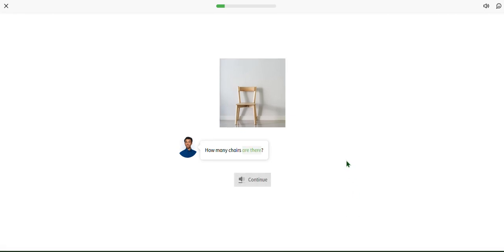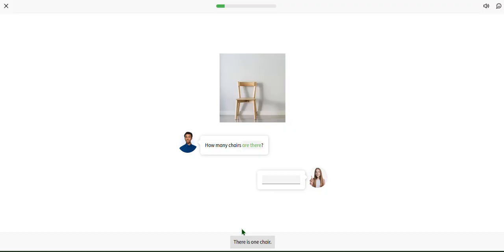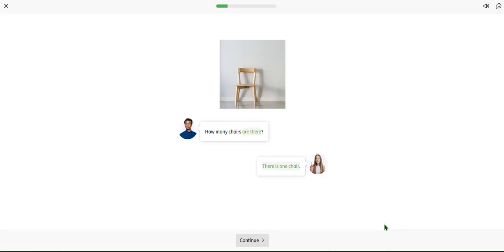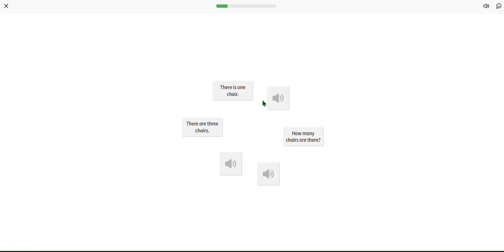I see 1 chair. There is 1 chair. How many chairs are there? How many? There are 3 chairs. 3 chairs.